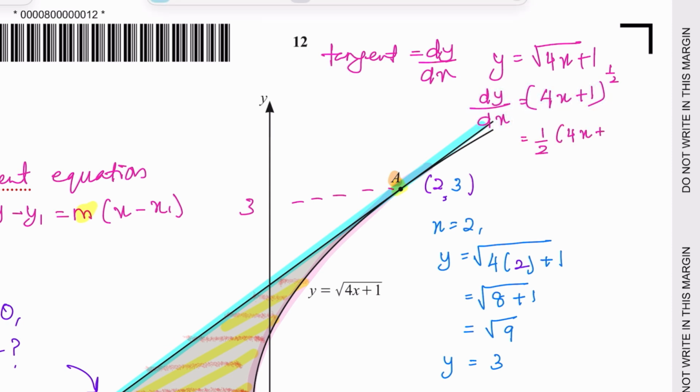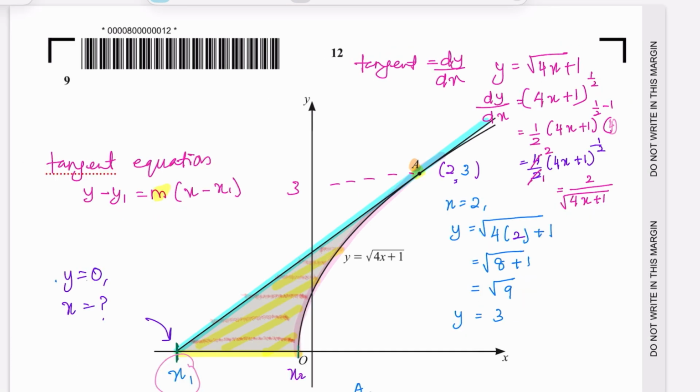The inside part remains the same, and then 1 over 2 minus 1. Chain rule, differentiate inside, that's going to give me 4. Simplify 4 and 2. 4x plus 1 remains the same. 1 over 2 minus 1 is negative 1 over 2. Simplify this, my final differentiation is 2 over square root of 4x plus 1. And this is my dy/dx.